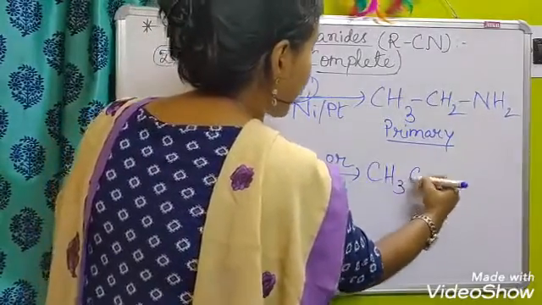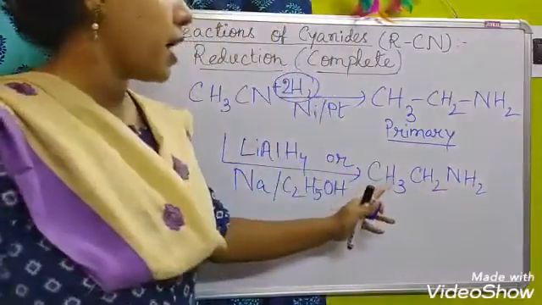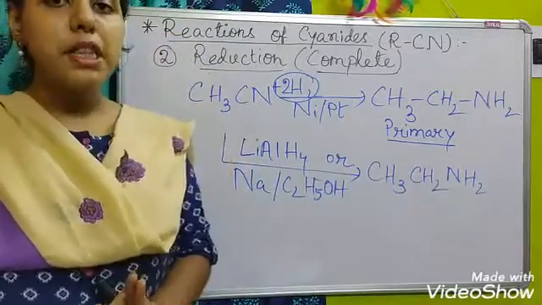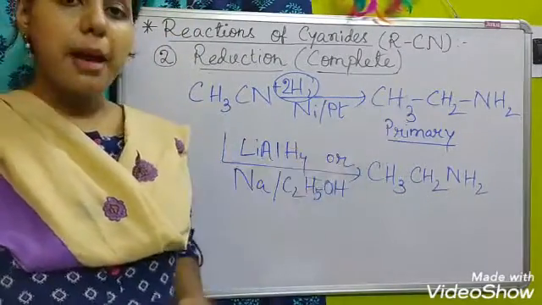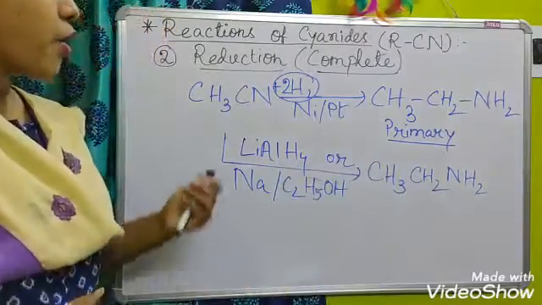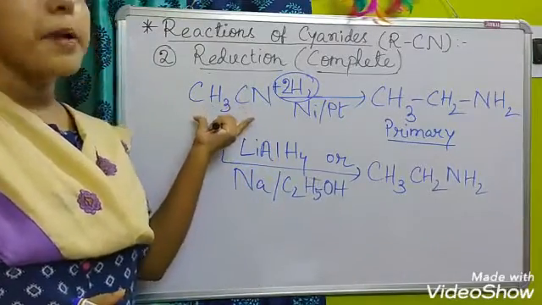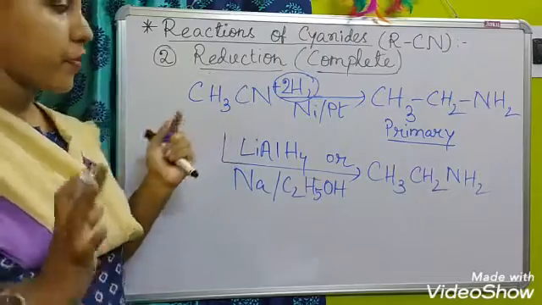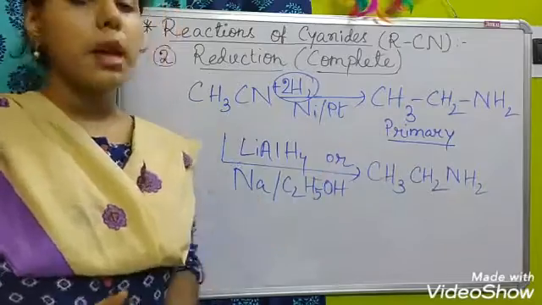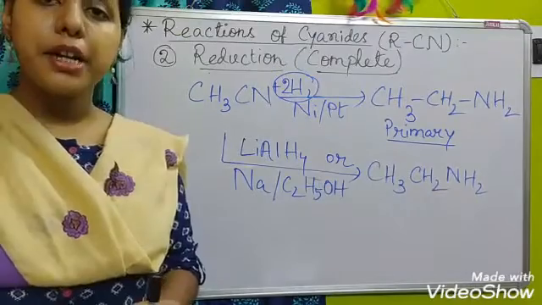So after reduction, again we will get ethyl amine. Okay, after reduction of the methyl cyanide, we will get ethyl amine, that is the primary amine. So here the conclusion is, whenever we follow complete reduction of alkyl cyanides, after complete reduction they will give primary amines. Clear? So these were the examples of complete reduction.